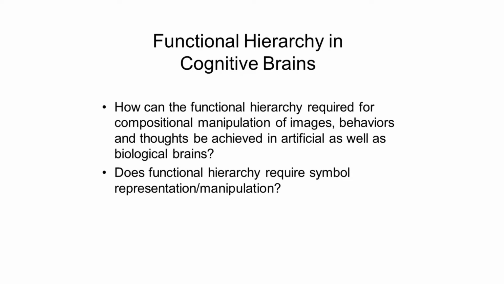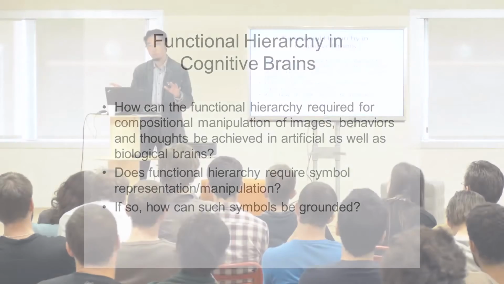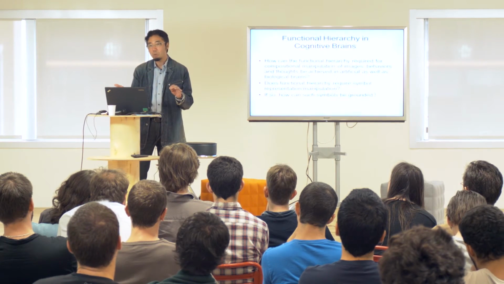And then, does such functional hierarchy require symbolic representation or manipulation, as conventional AI researchers have explored? That is one question. If so, then how can such symbols, arbitrary shaped tokens, be grounded in real sensory motor reality? That is a long-standing question.